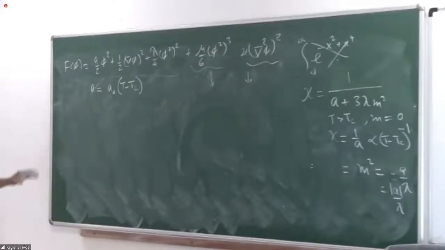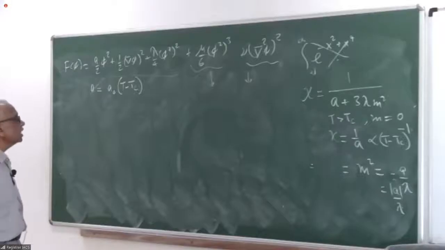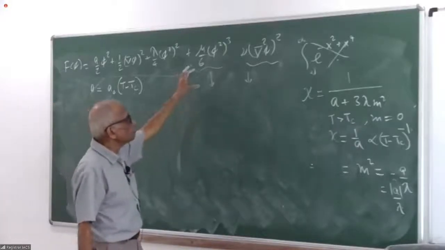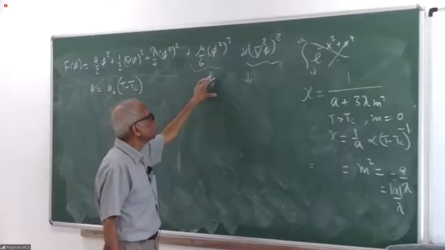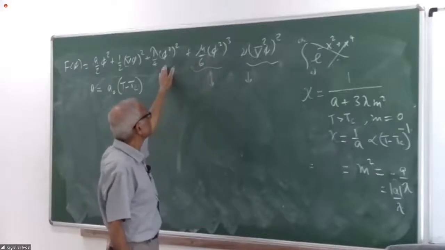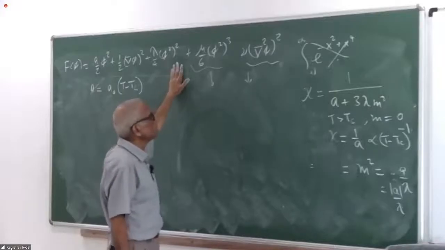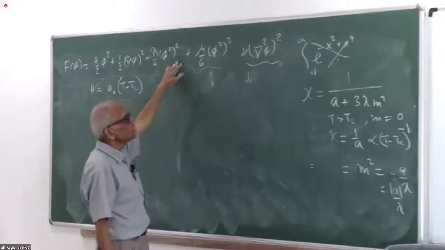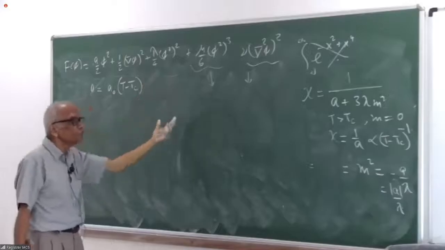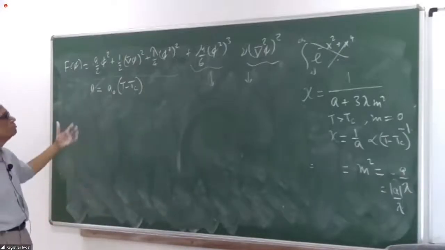So we'll start with that next time: why we are happy to drop all terms which are higher order than what we have up to this point. That's important to know before we go any further. So that is where we will start out.